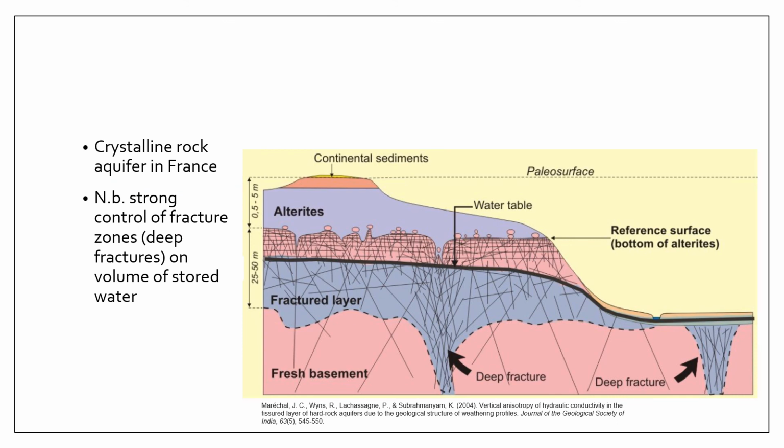Now, this is just an example of a crystalline rock aquifer in France, right? Note especially this area, all right? So you have a dense formation of fractures here and here, and they are mostly already controlling the shape or the boundaries of your aquifer, right?